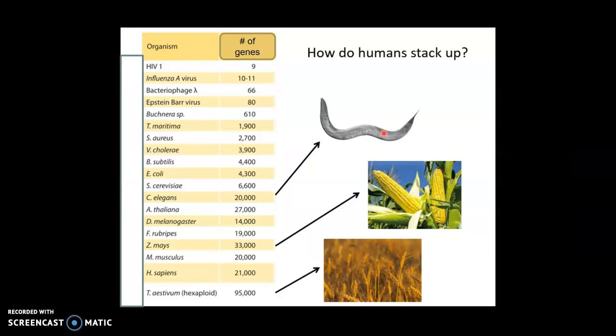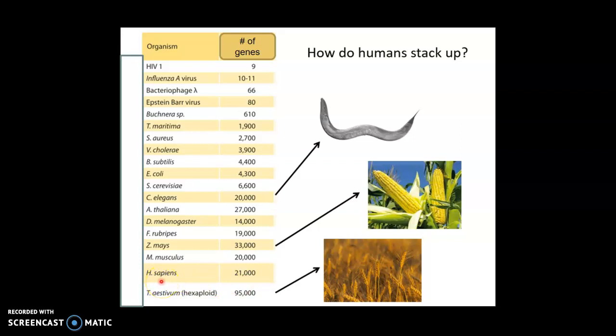Now, you might have the impression that because human beings are so complex, we might have an increased number of genes compared to, say, another organism that we might consider more simple. But looking at this chart, you'd actually be surprised to know that that's in fact dead wrong. You can see that we have about 21,000 genes in our genome, which is collectively all of our genetic material, indicated by Homo sapiens here.